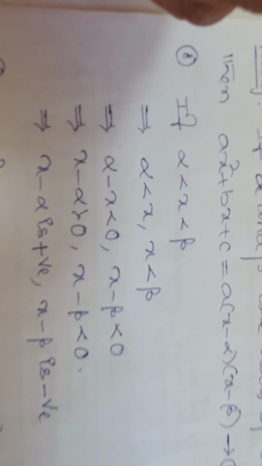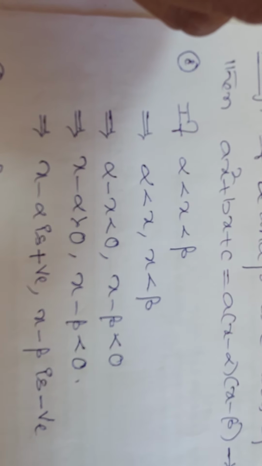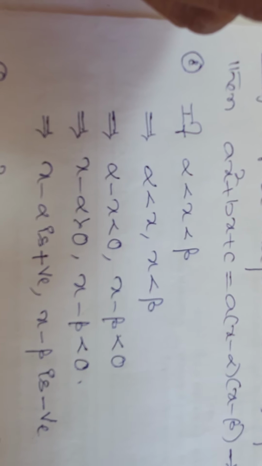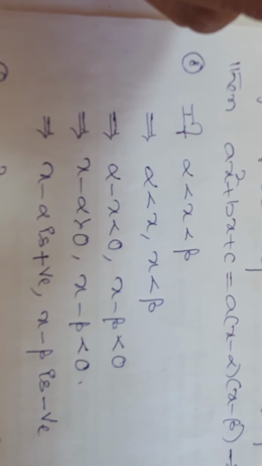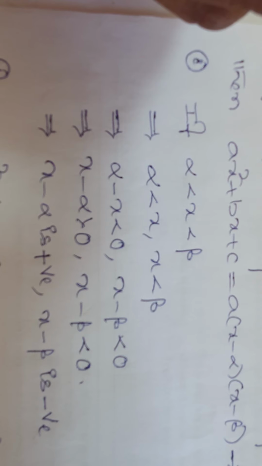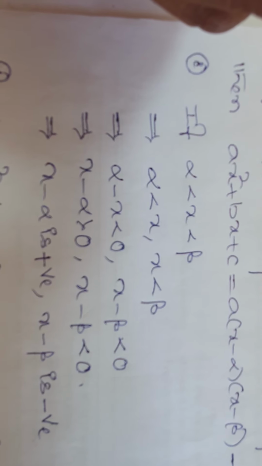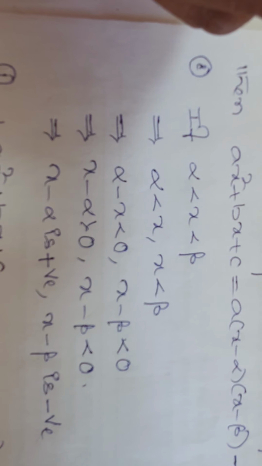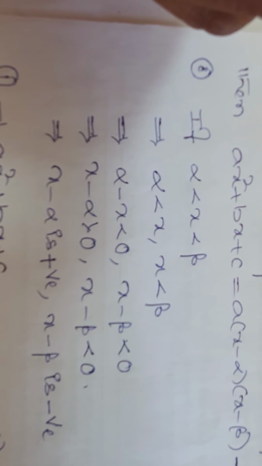We take the given condition that α < x < β. Now we split this inequality into two parts: α < x, x < β. That implies α − x < 0, x − β < 0. That implies x − α > 0, x − β < 0.